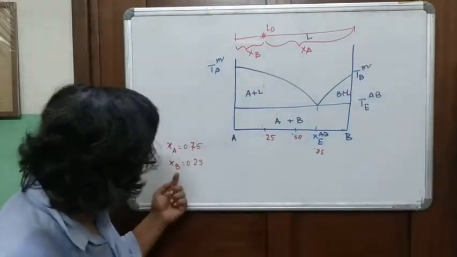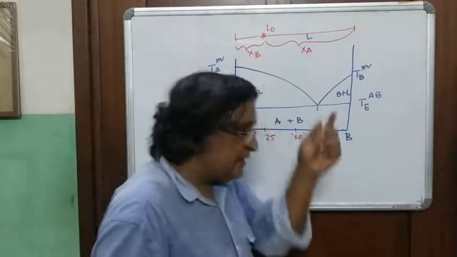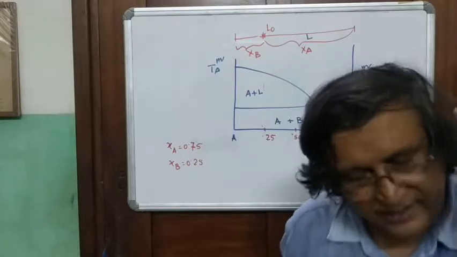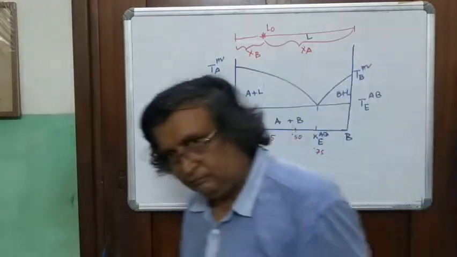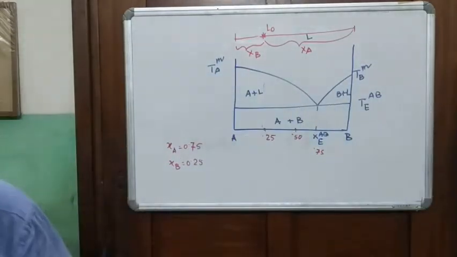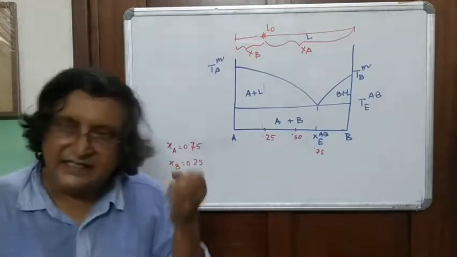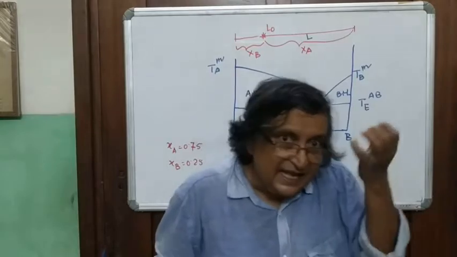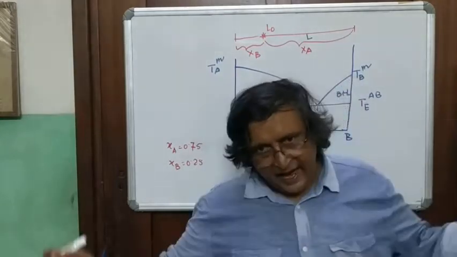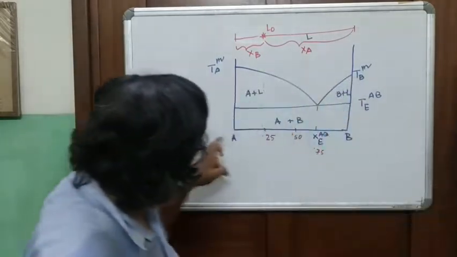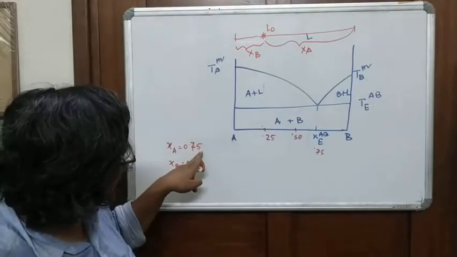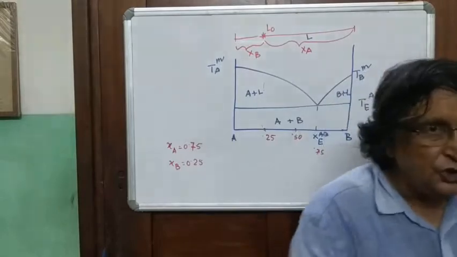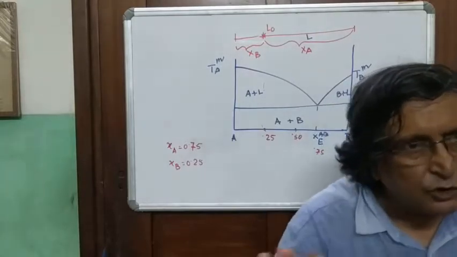And here XB means that the melt has this component B. It's not a mineral, it's a component B. So essentially the melt is a liquid solution of A and B, where A and B are in the proportion 0.75 to 0.25. There is no solid A, there is no solid B.